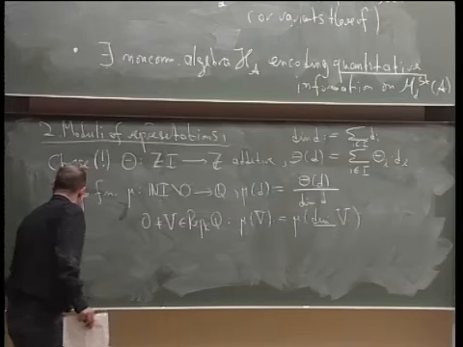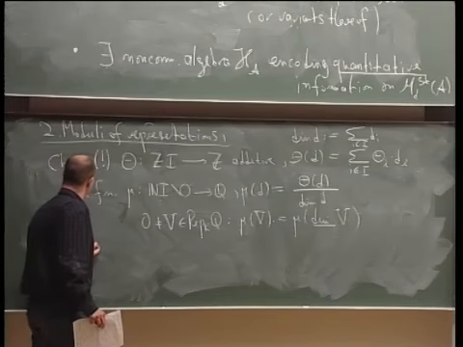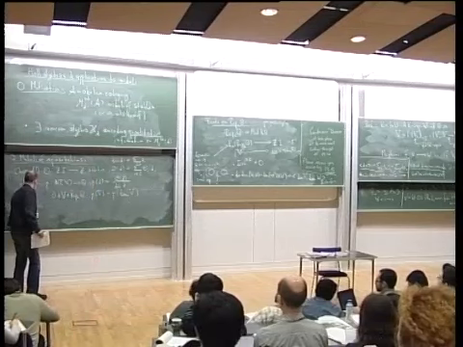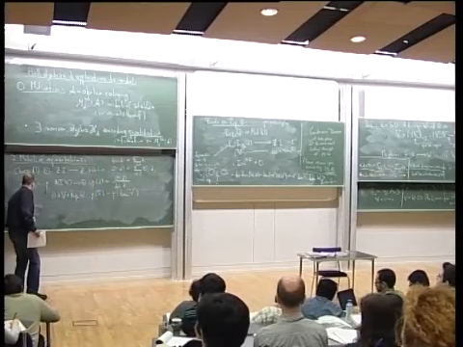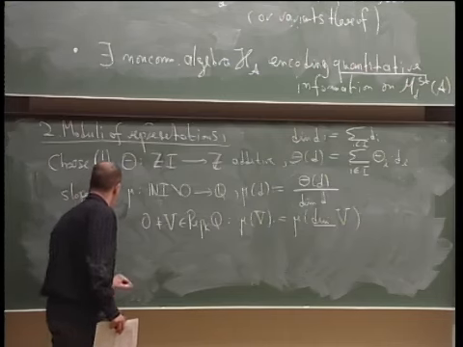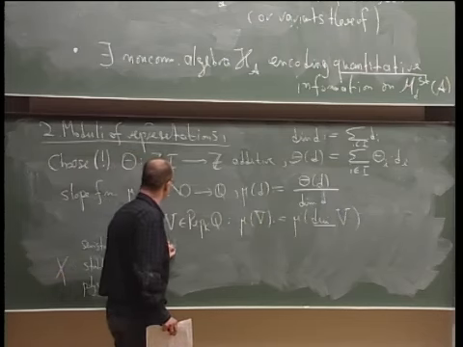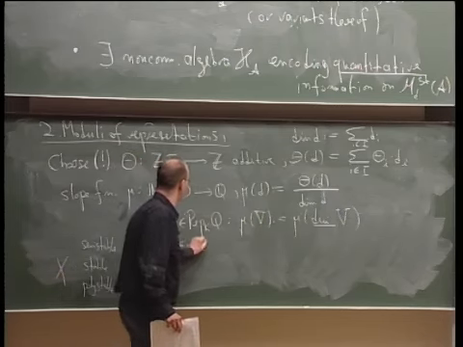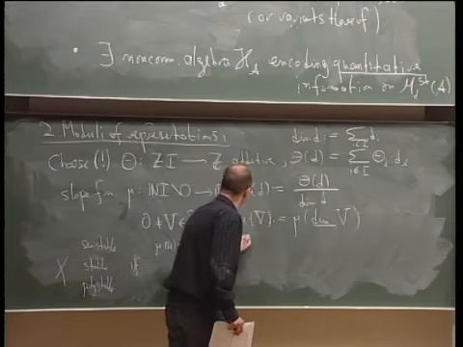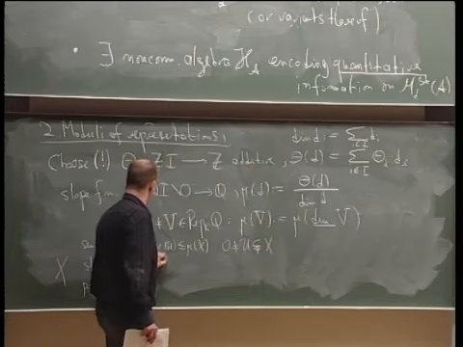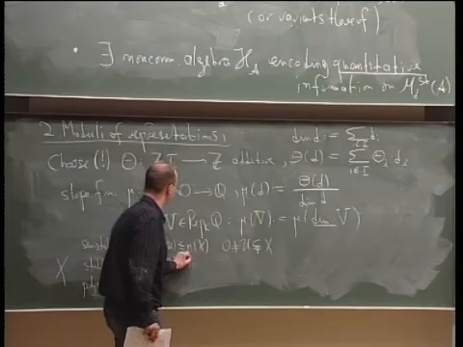So V is semi-stable, stable, polystable if and only if, well, semi-stable means the slope weakly decreases on proper non-zero subobjects. Stable means the slope strictly decreases.